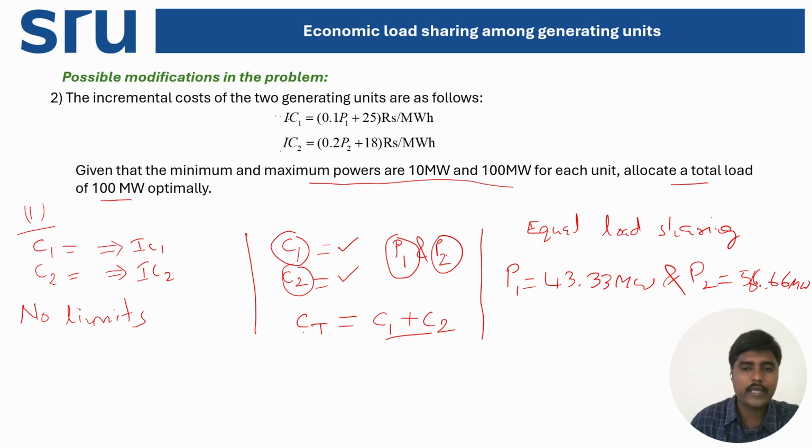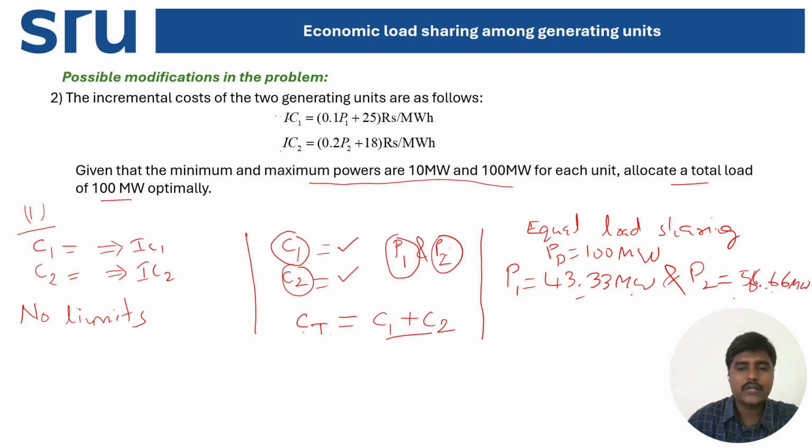Now I'm trying to explain how the same problem can be made a little more complex by incorporating this case. These are the values we got when the load demand is 100 megawatt, and this is the optimal allocation.